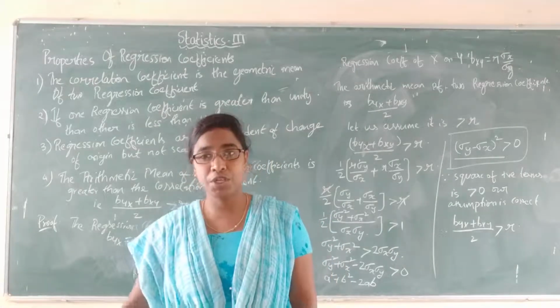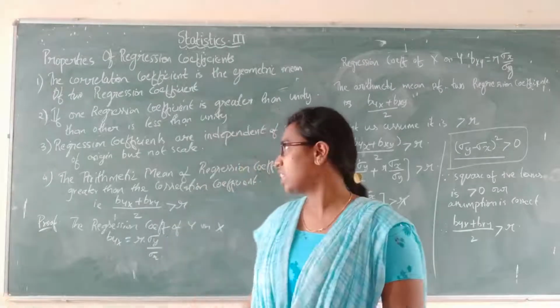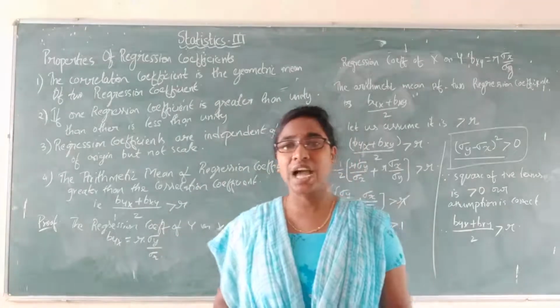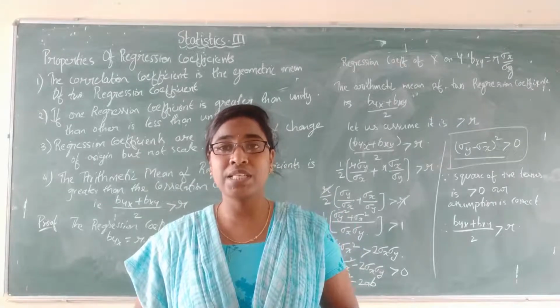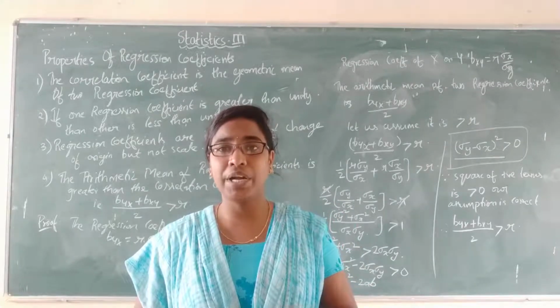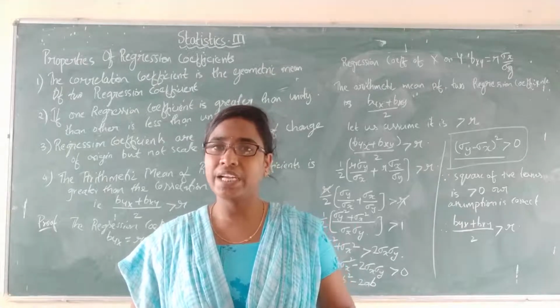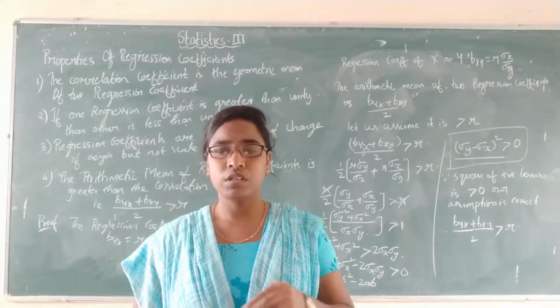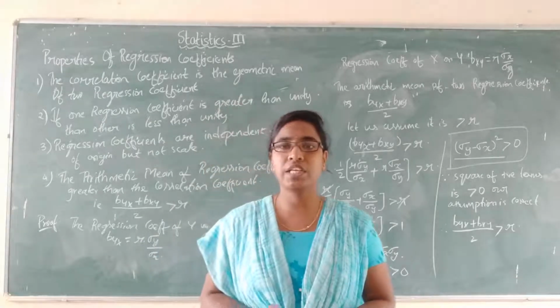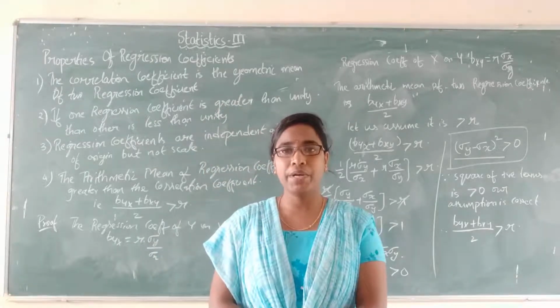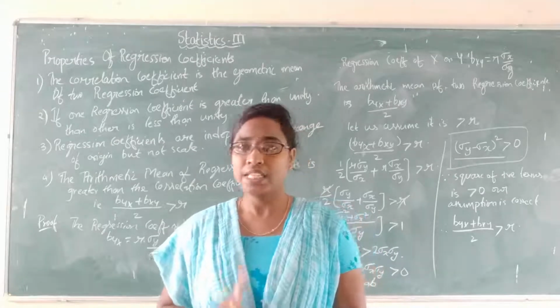So by substituting those values in byx and bxy, we will get the answers in terms of k and h. So that means the regression coefficients are dependent on k and h. K and h are nothing but the changes in the scale. So always the regression coefficients are independent of origin but not the scale.